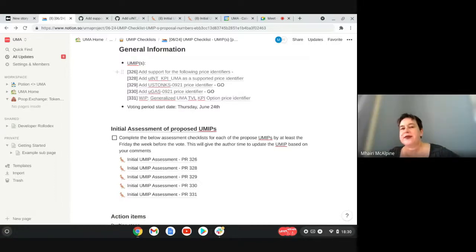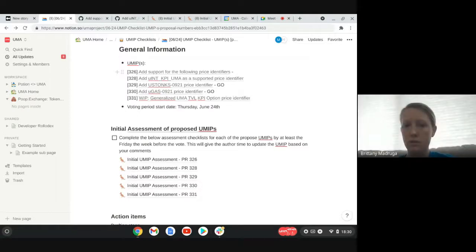Obviously the price identifiers can't be used until the collateral currencies are in there, but they don't necessarily have to go through in pairs. And it's okay for it to be just hanging around. I just wanted to clarify that was okay.